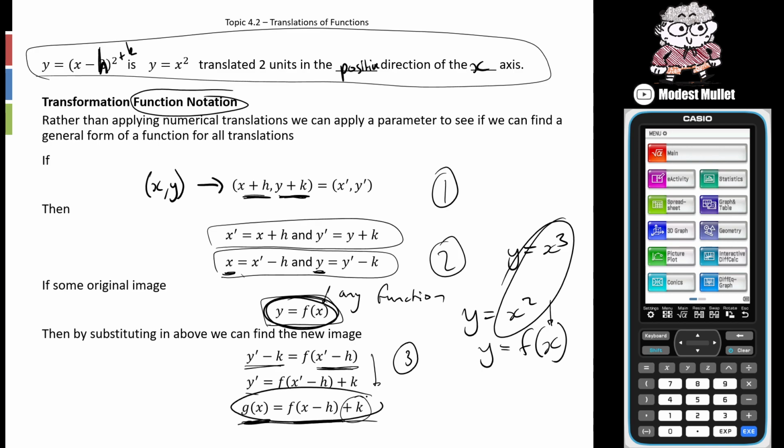So we get this generalized rule that acts as a bit of a shortcut, and that's what we've been using all this time for point of inflection form, turning point form, asymptotes of truncus and hyperbola, that sort of thing. If we can recognize there's an x minus h inside the function, and then a plus k on the end, that's translations, and that's always going to be the case. So if you're asked to apply transformations, you can use this as a bit of a shortcut.